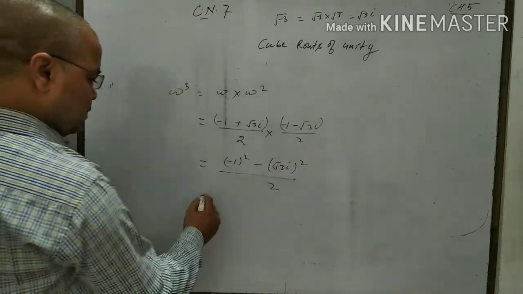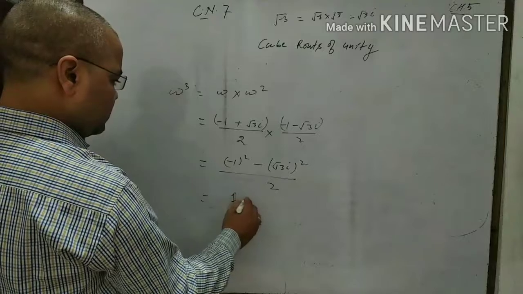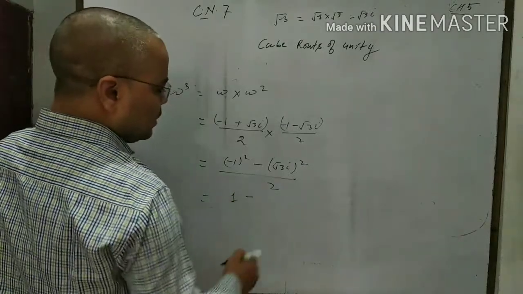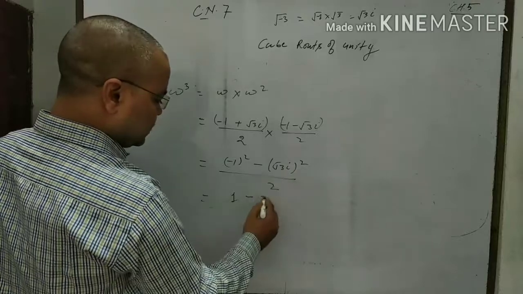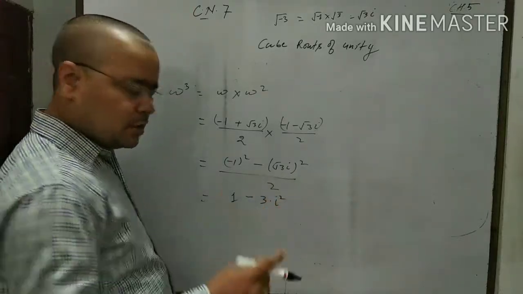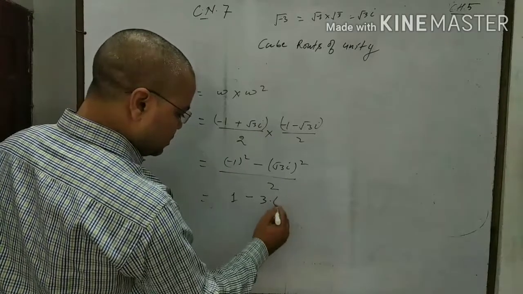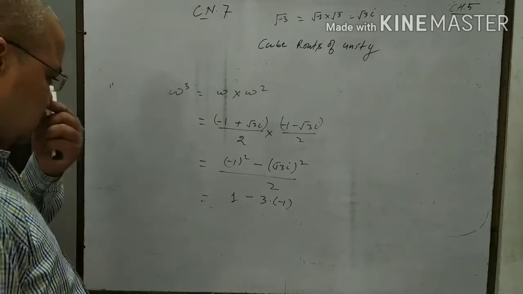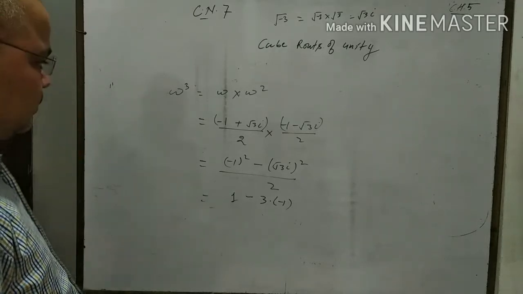Here its value will be 1 minus root 3 whole square, that is 3, into i square, but we know that i square is equal to minus 1.